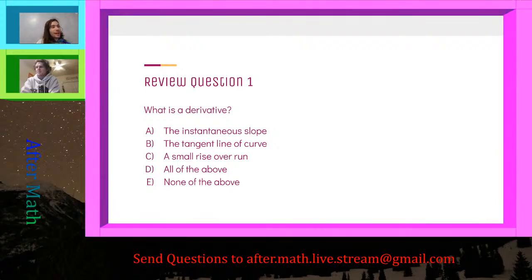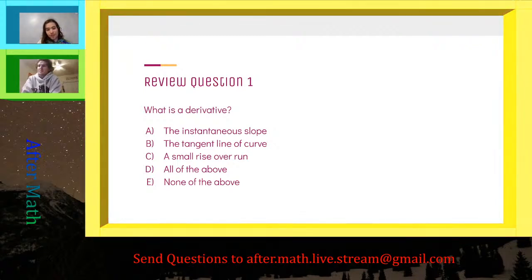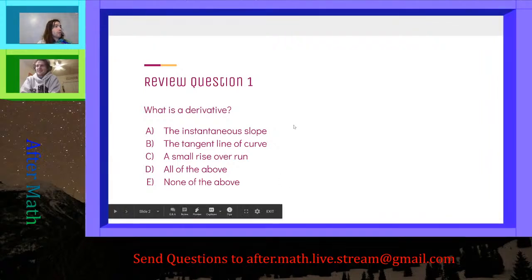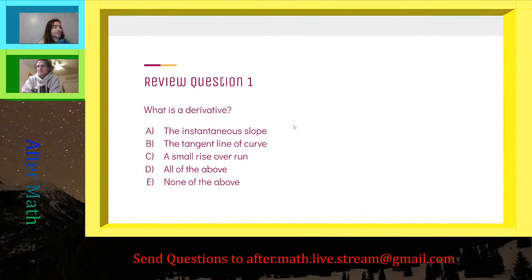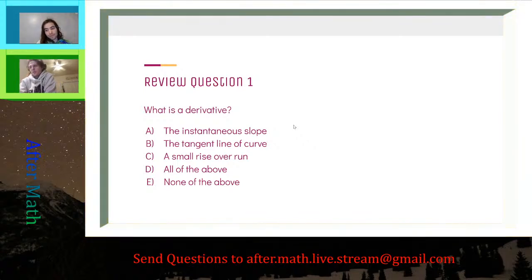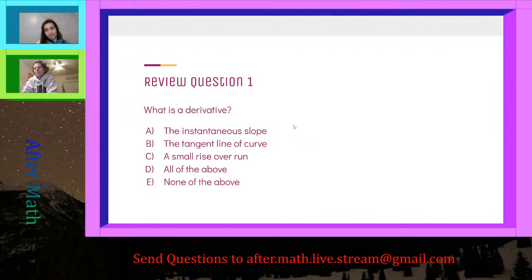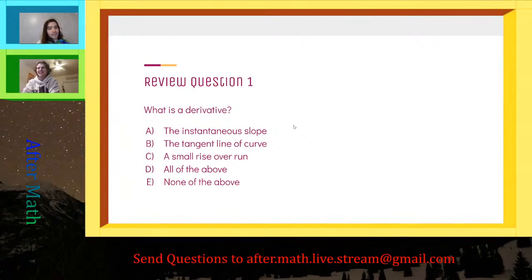Okay, so now, what is a derivative? If you guys want to go ahead and comment, Jaden and I will keep plugging along here. If no one's going to answer, Jaden, what do you think the answer is? Well, I remember last time hearing about instantaneous slope, so I'm going to say it's A. That's good.